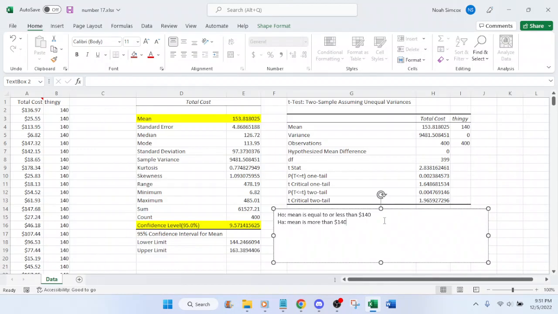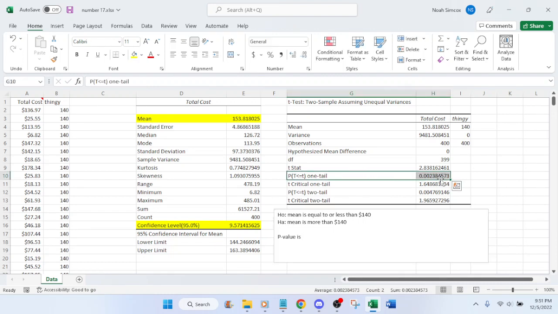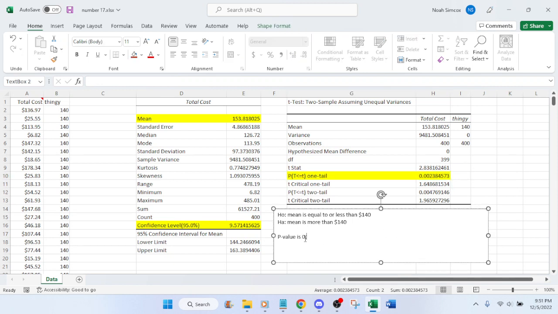Report p-value. P-value is, well, we have it here. We want this one. So one tail, p-value is 0.002.